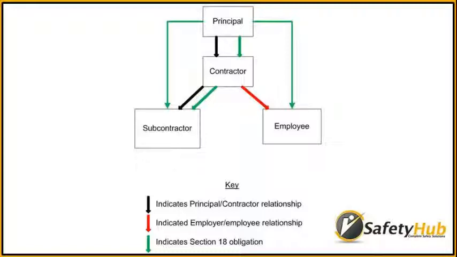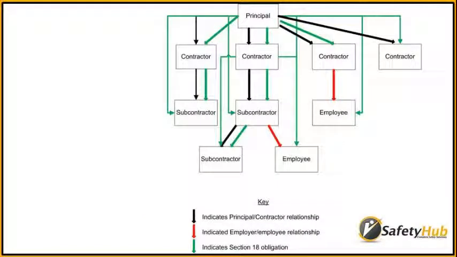If you are the contractor with employees, you obviously have your health and safety responsibilities to them, as depicted by the red arrow, and also Section 18 responsibilities to the subcontractor, which means the contractor is acting as the principal as well with respect to their subcontractor. Larger projects can become even more complicated, as depicted in this slide.